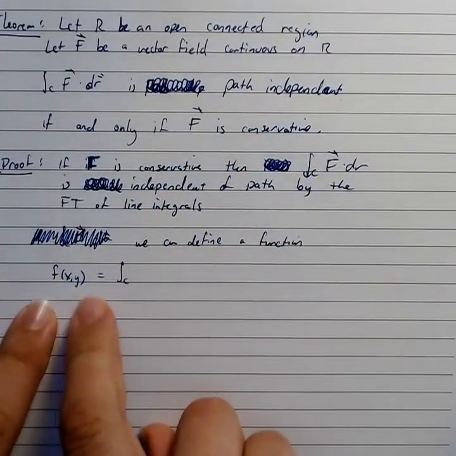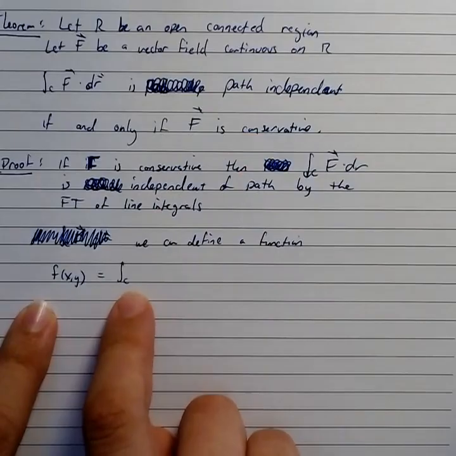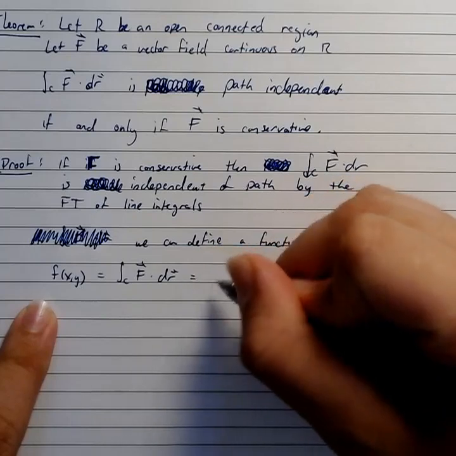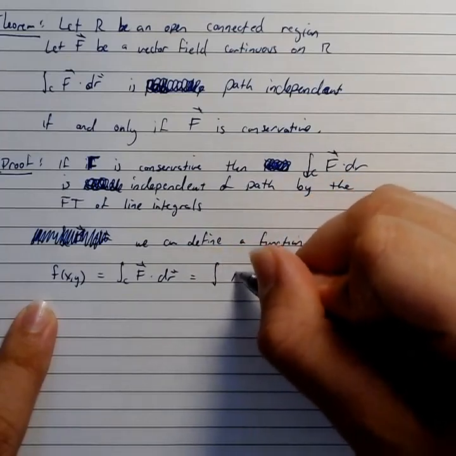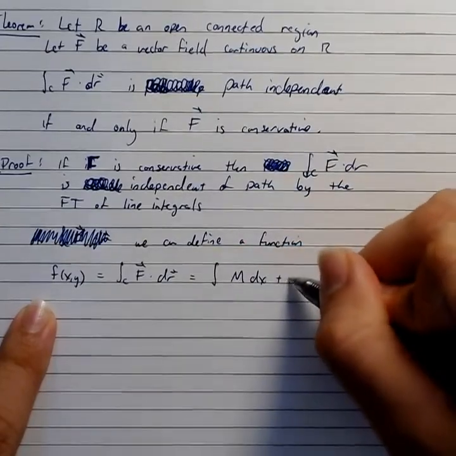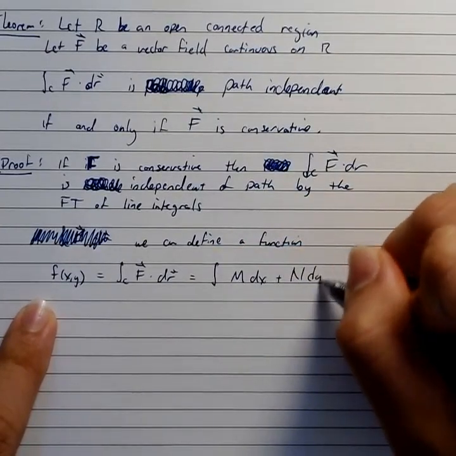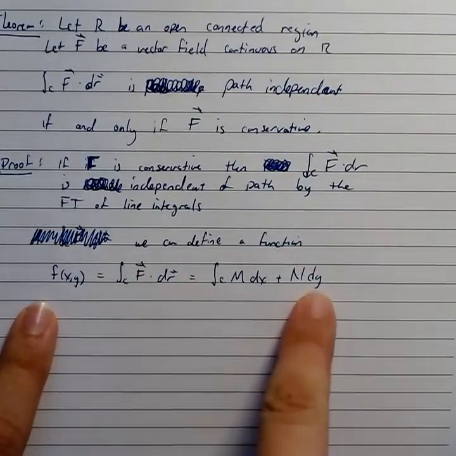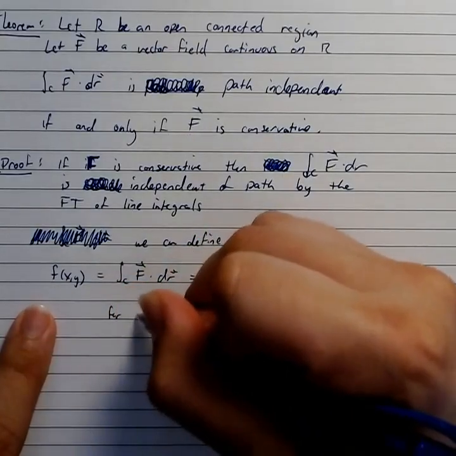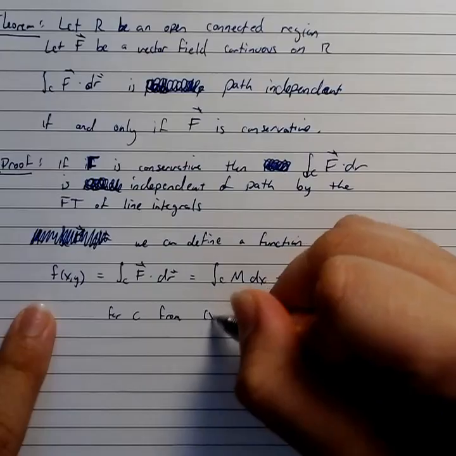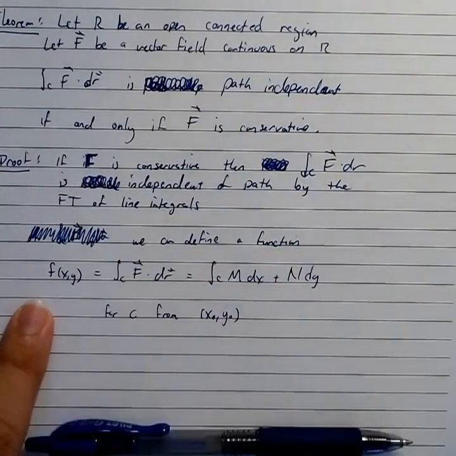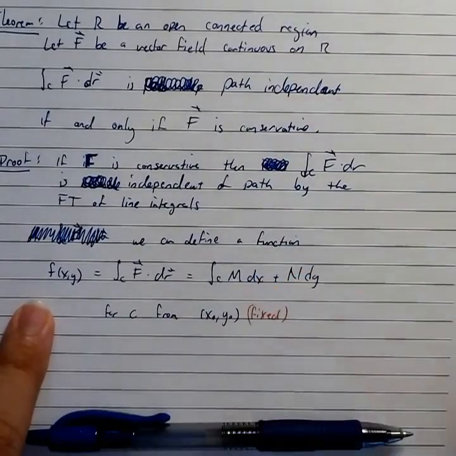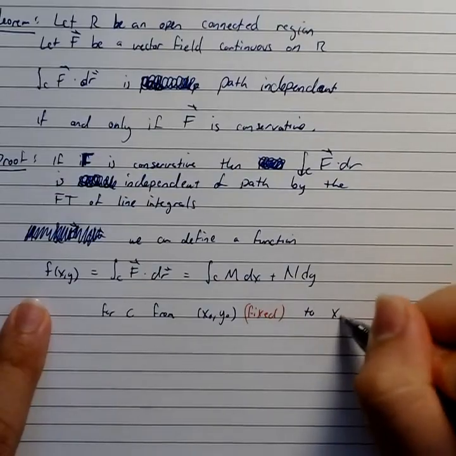We can define a function, f of x equals the integral over C of F dot dr, which is the same as saying the integral of M dx, written in differential form, plus N dy over C. We can define this function for C from x naught, y naught, which is going to be a fixed point, to a point x, y.